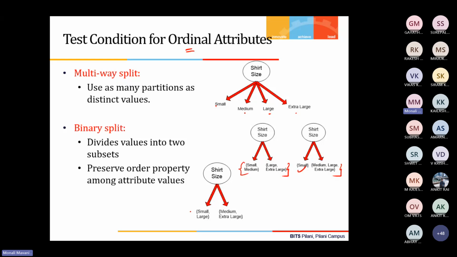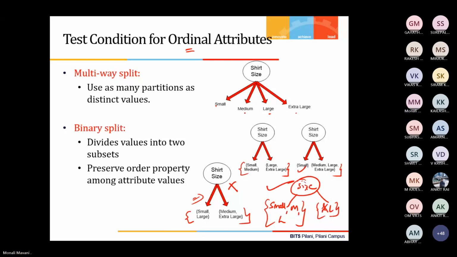But small and large in one branch and medium and extra large in another is not okay, because the order is not preserved. Small, medium, large in one branch and only extra large in the other is also okay. So for ordinal attributes, you have to be careful with the order.